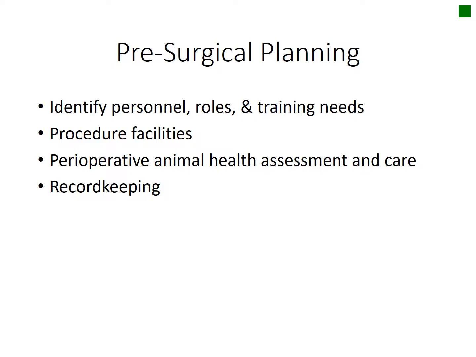And then the perioperative animal health assessment and care is a really big part of what happens with our animals. So perioperative care includes preoperative, intraoperative, and postoperative phases of surgery. Do we have personnel available to help with the preoperative needs, so inducing anesthesia and preparing the animals for surgery?